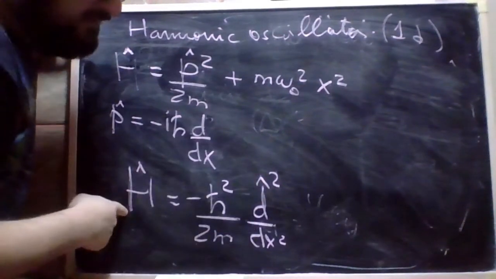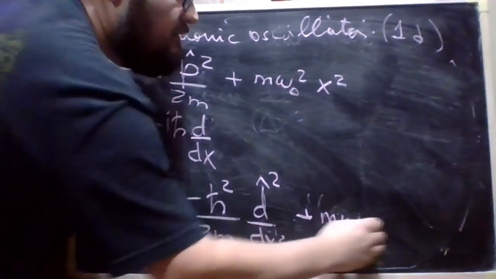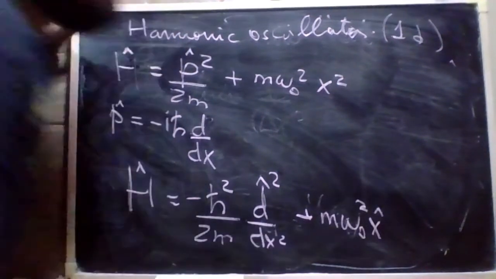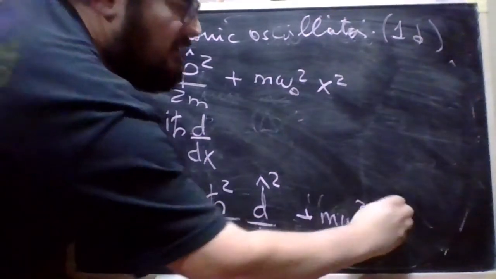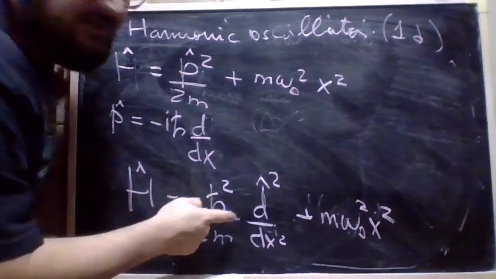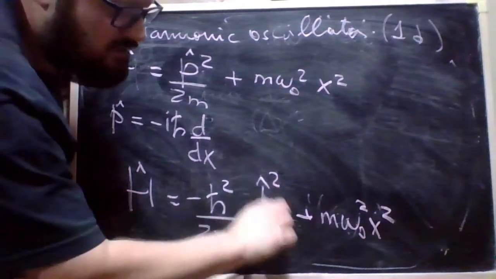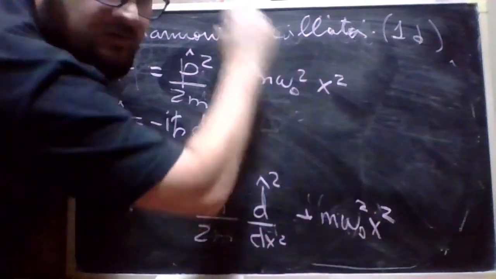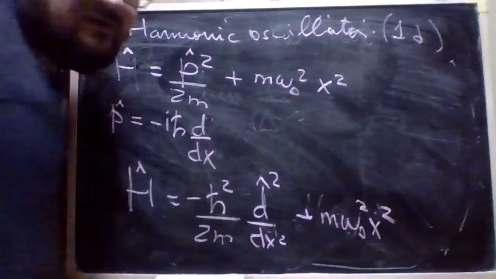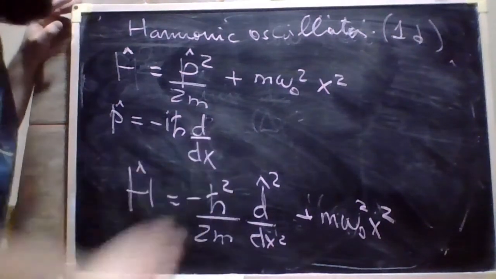So this is a matrix, plus m omega 0 squared times the x squared. So this is represented in the position basis. So this is non-diagonal. This is diagonal. You have only x squared over the diagonal of the matrix. All right. So that's it.